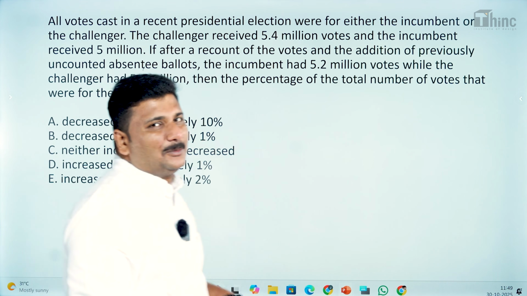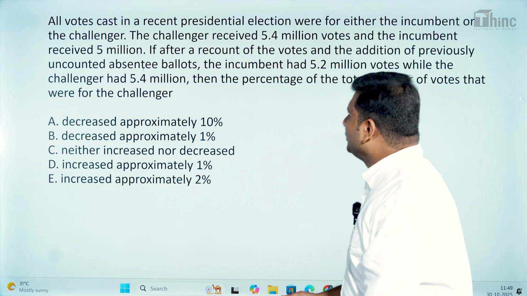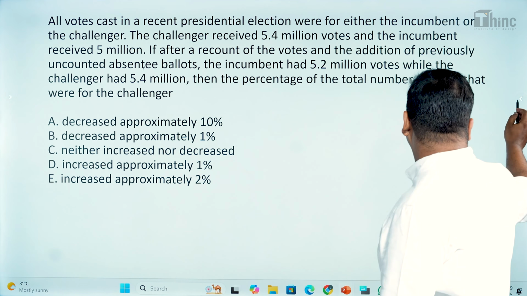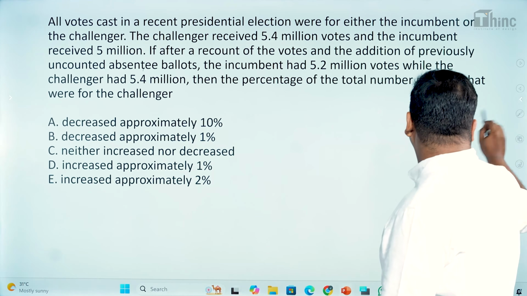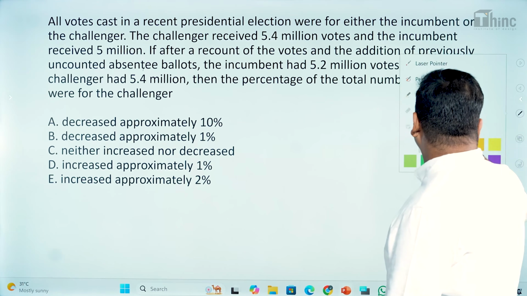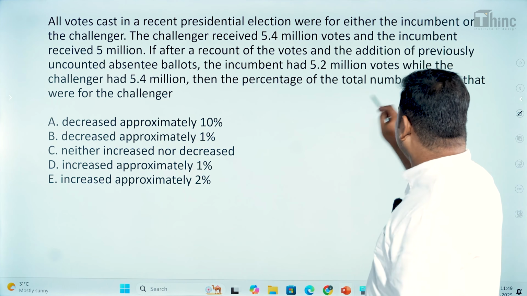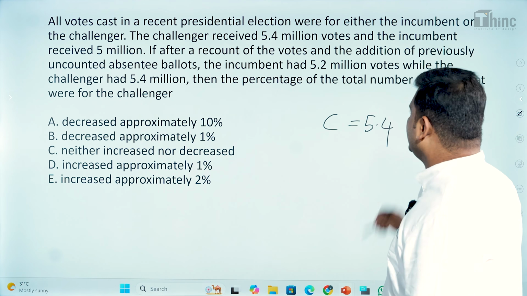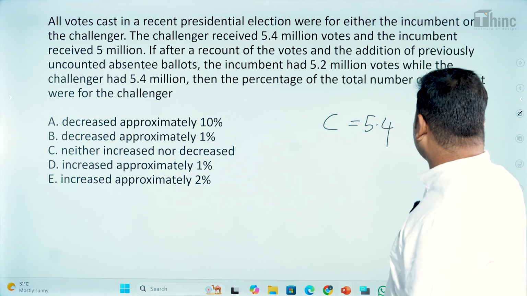So what is the question all about? There is an election going on. In the first count, what happened? In the first count, the challenger received 5.4 million votes and the incumbent received 5 million votes.